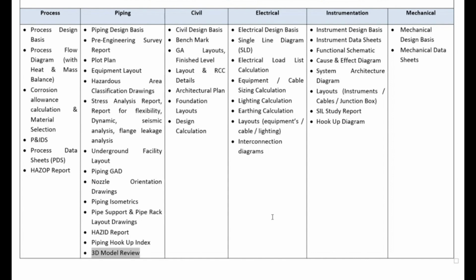You come to know whether a clash is happening, where two pipes are crossing each other, or there is not sufficient space between two pipes, or not sufficient space between the vessel and the piping for a man to pass through for maintenance activities. It's basically a three-dimensional view created for the plant, where everything is clearly visible. You can walk through the plant, and that helps you understand how the layouts will be.